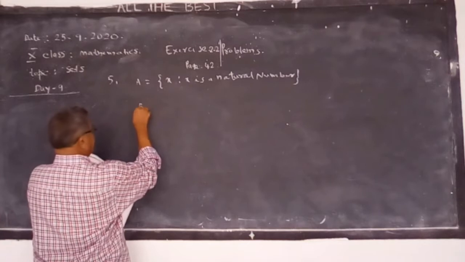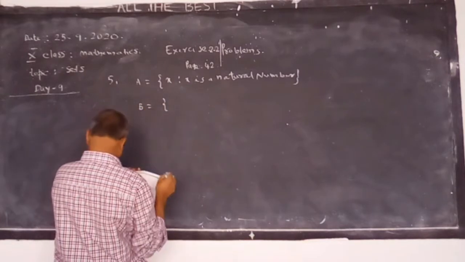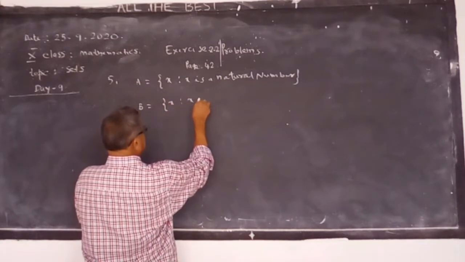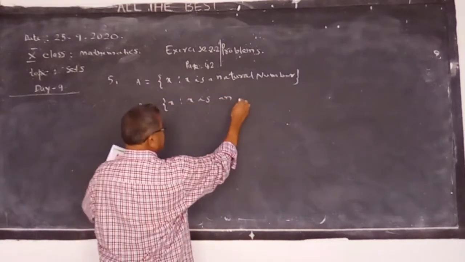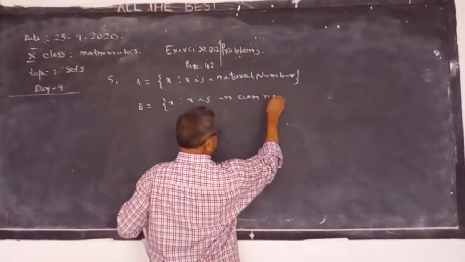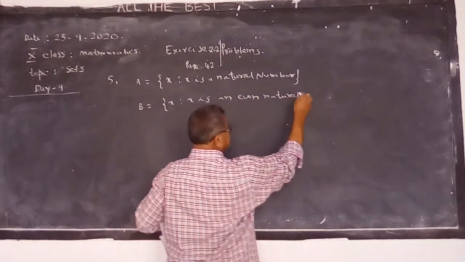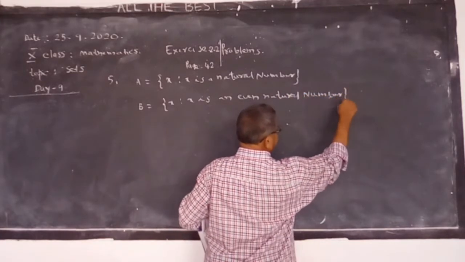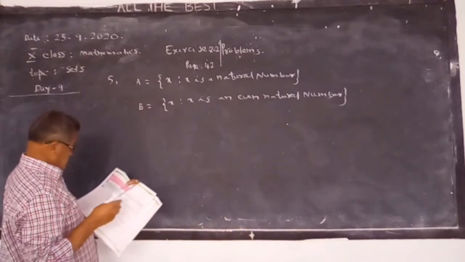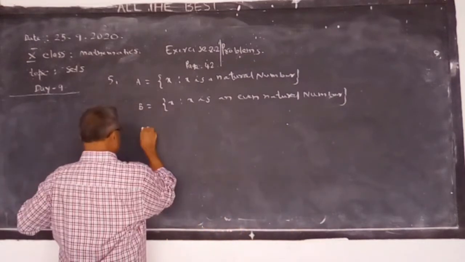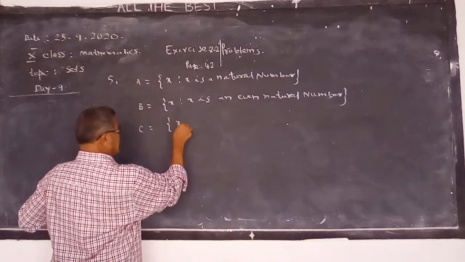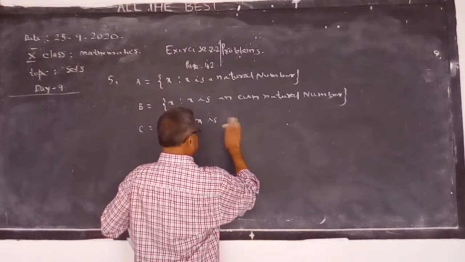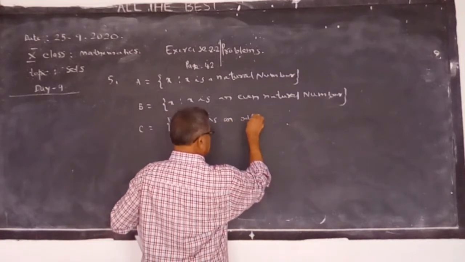Set B: X is such that X is an even natural number. Set C: X is such that X is an odd natural number.